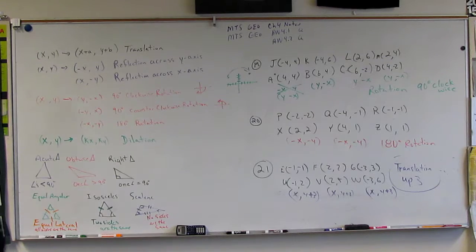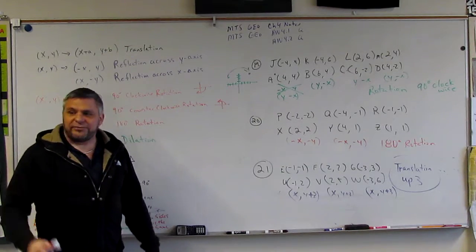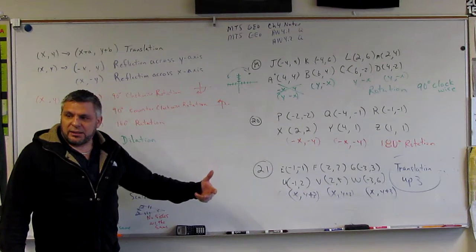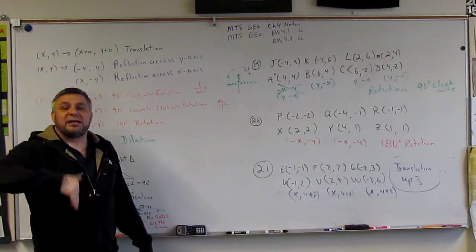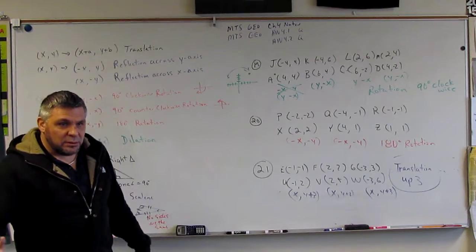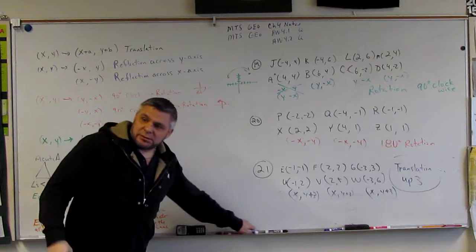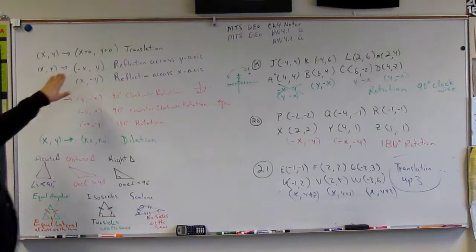Or how would we say it goes left 2? What would left be? Negative. And to what? X or Y? X. So left 2 would be x minus 2. Up 3 would be y plus 3. Does that make sense? How come? Like the formula, something's getting added to the x.